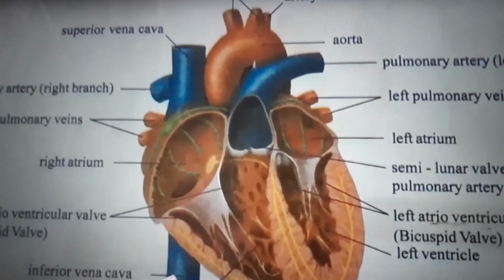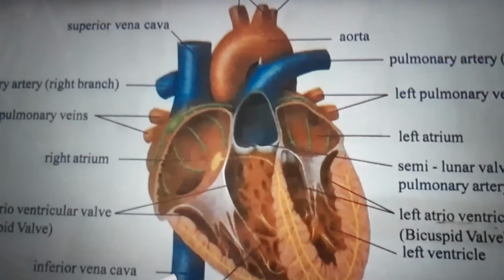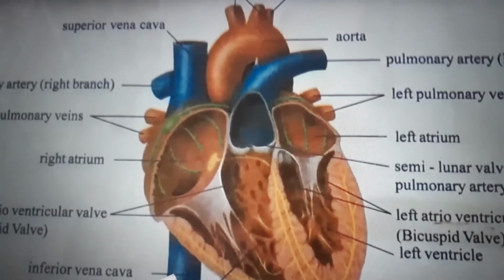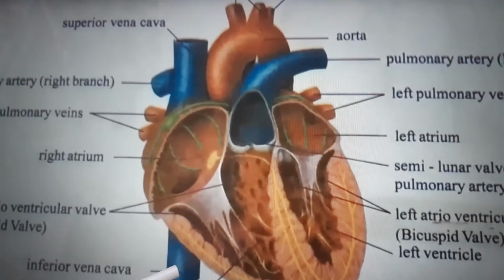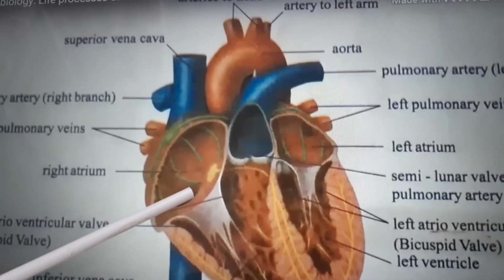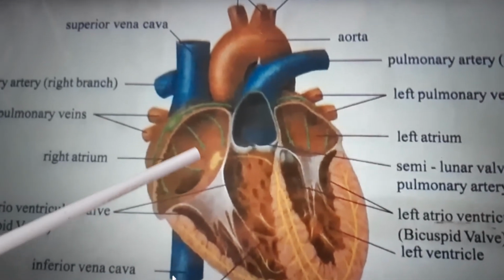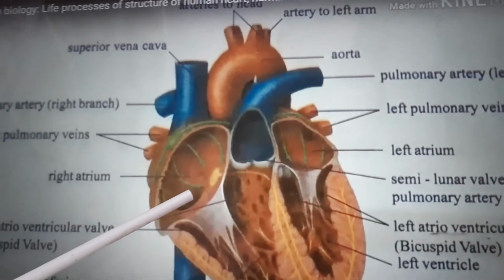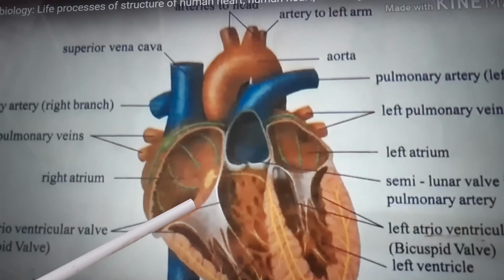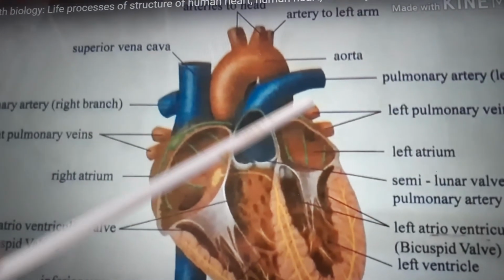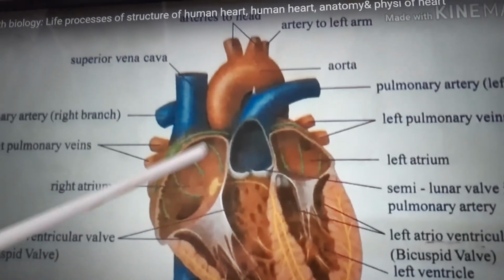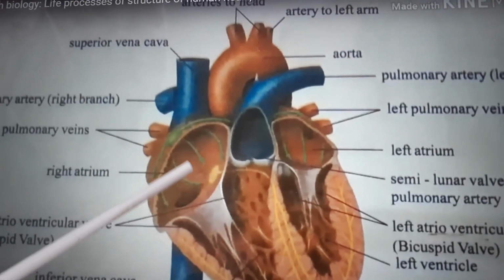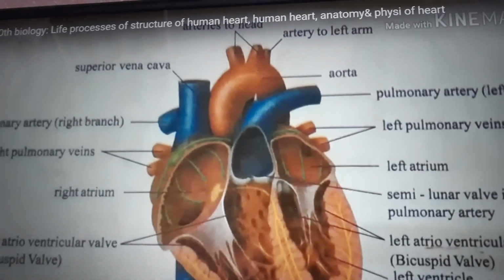Like that, from the middle and lower parts of the body, the deoxygenated blood is collected into the inferior vena cava also, and supplies the blood to the right auricle. And another, the coronary sinus, collects the deoxygenated blood from the heart walls and also empties into this right auricle. This is about the internal structure of the human heart.